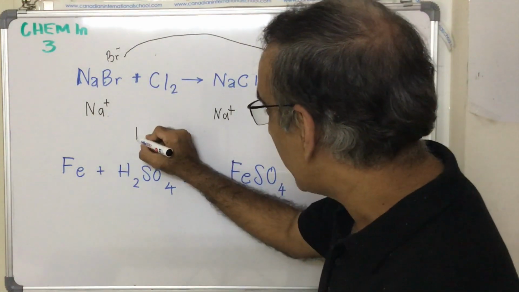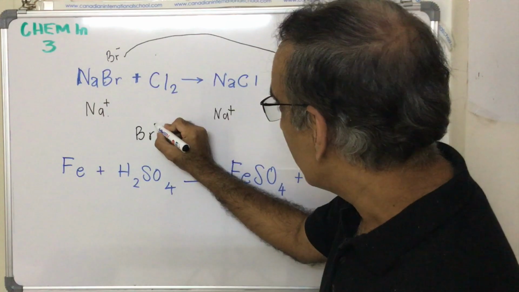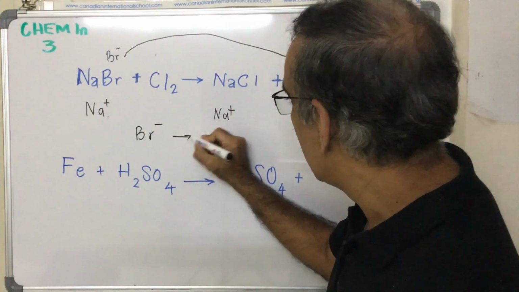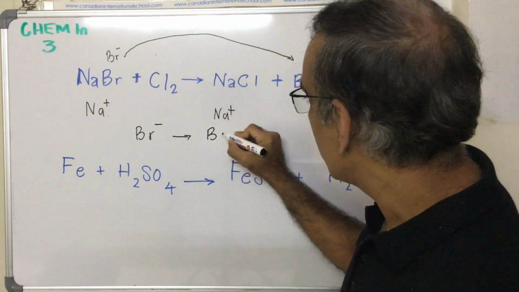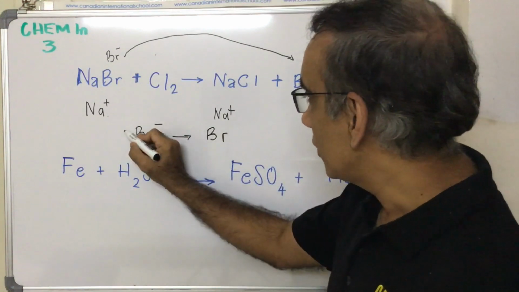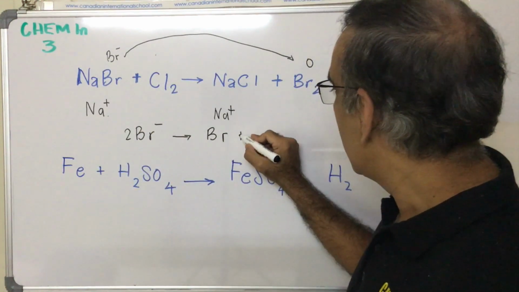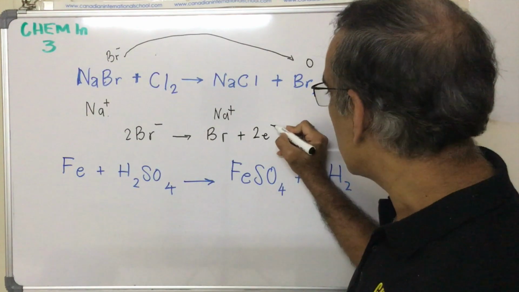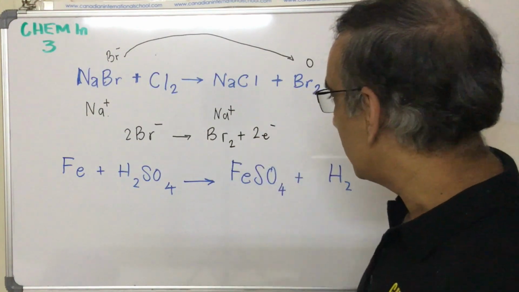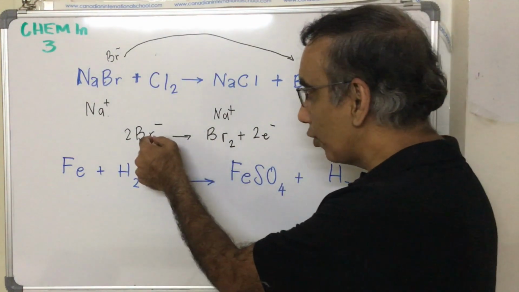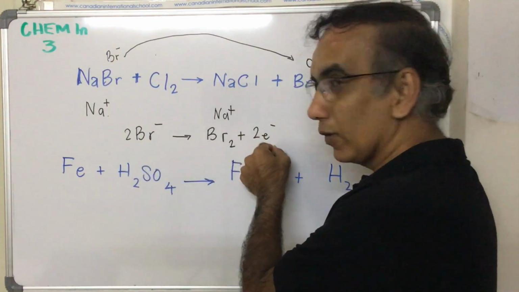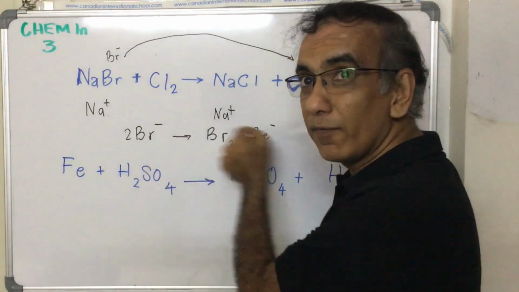It can also be defined like this: Br minus losing an electron to become Br, putting 2 here and putting 2 electrons on this side and putting 2 over here. Here we see that bromine has lost electrons in this half equation.